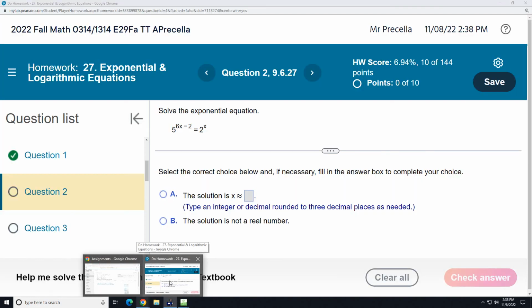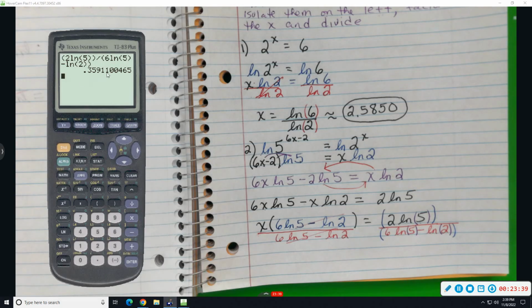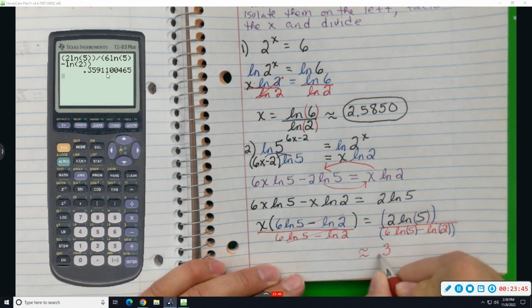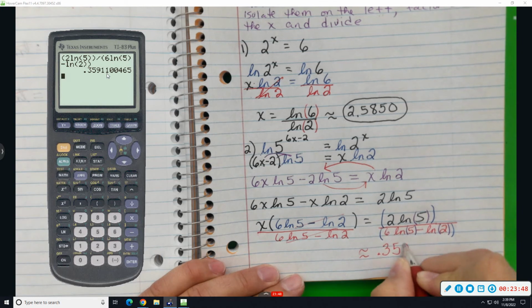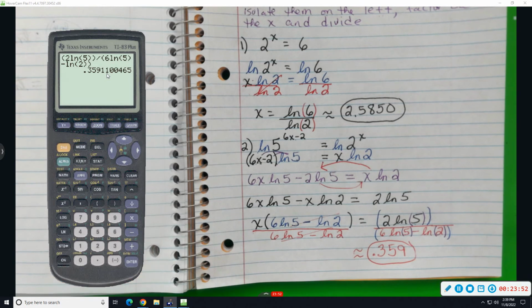How is this telling me to round it? Oh, just to 3 decimal places. Okay, so 0.359. Is that how y'all would round it? 0.359. Okay.